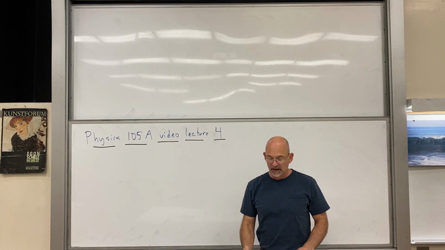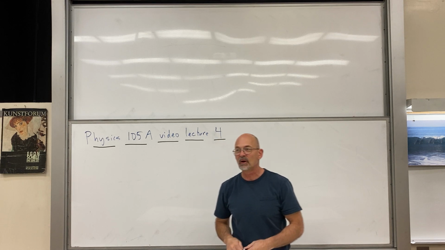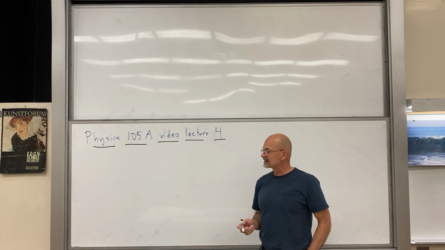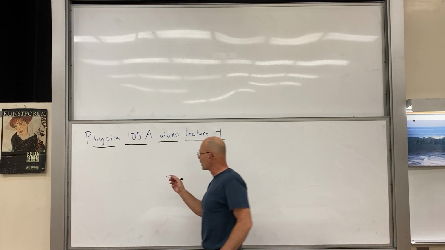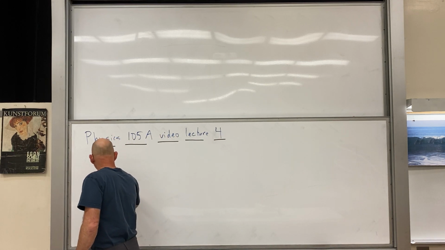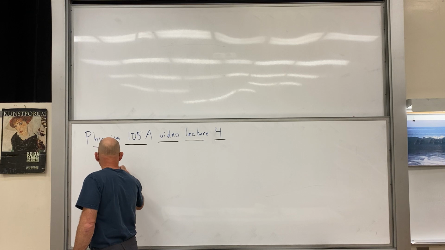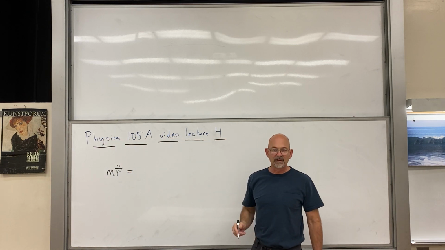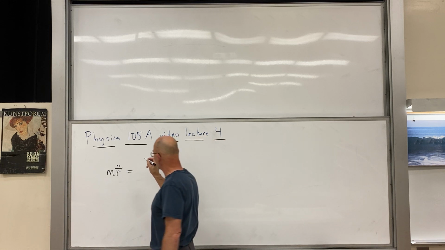So let's begin. We're talking about coordinate systems and kinematics. Let me start with what we're always working on: Newton's law. I just introduced those two dots for the second time derivative last time.